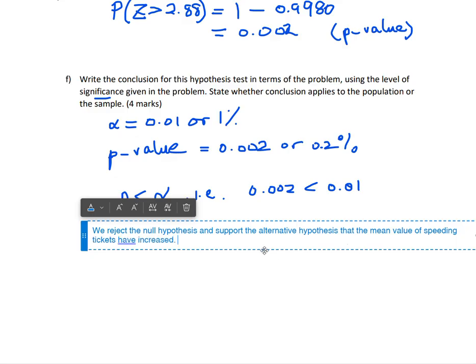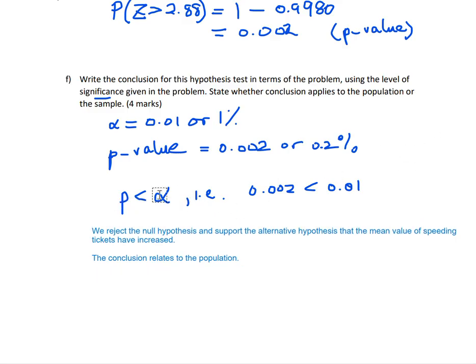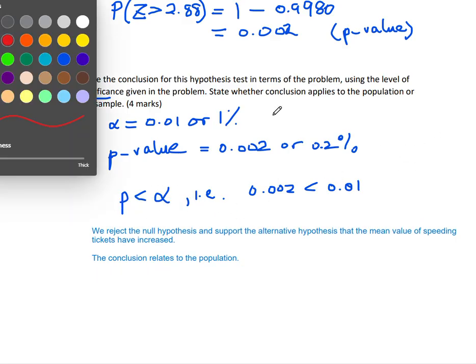Awesome. And of course, as I said before, the conclusion relates to the population, because a hypothesis test takes a sample from a population and sees if there's enough evidence to reject the null hypothesis. In this case, there is enough evidence based on the fact that the p-value is less than alpha.